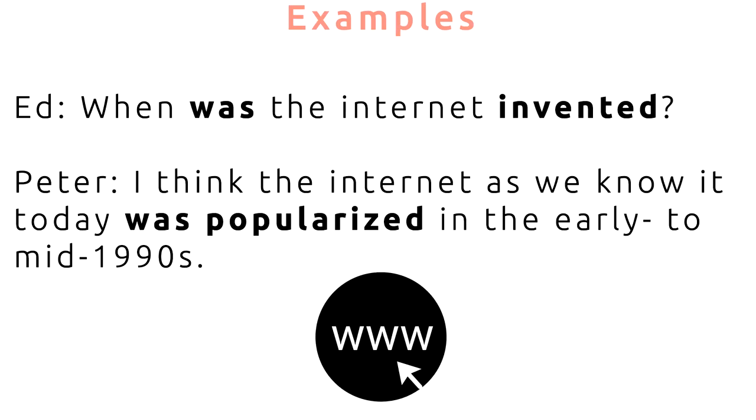Here is one more example now. Ed says, "When was the internet invented?" And Peter replies, "I think the internet as we know it today was popularized in the early to mid-1990s."